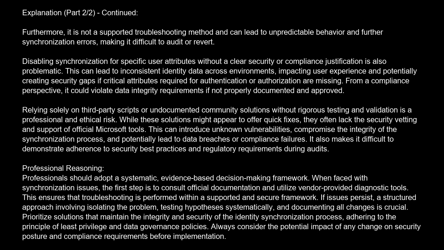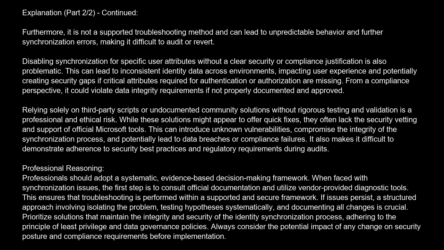Professional reasoning. Professionals should adopt a systematic, evidence-based decision-making framework. When faced with synchronization issues, the first step is to consult official documentation and utilize vendor-provided diagnostic tools. This ensures that troubleshooting is performed within a supported and secure framework.